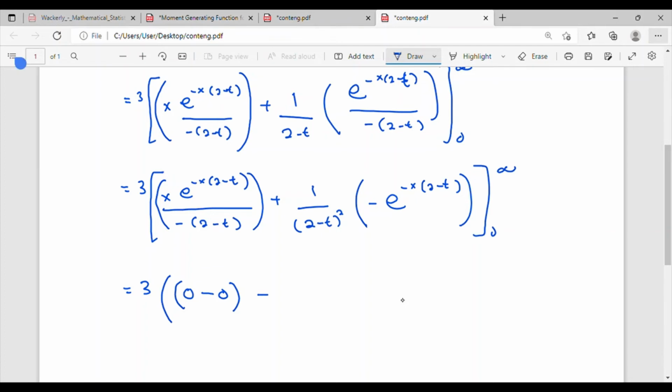Plus 1 minus 1 over 2 minus t squared. Negative e power of negative infinity is 0, so this part is 0. Then minus, replacing with 0, it will be e power of negative 0, which is 1. So that part will be 1, right?